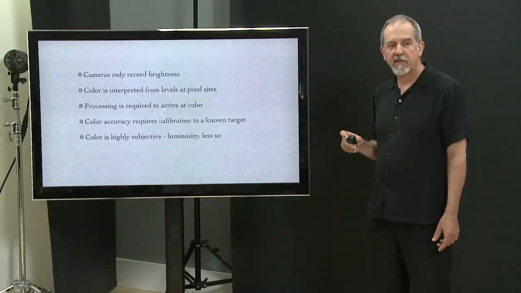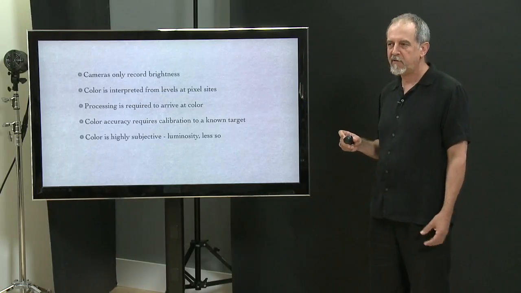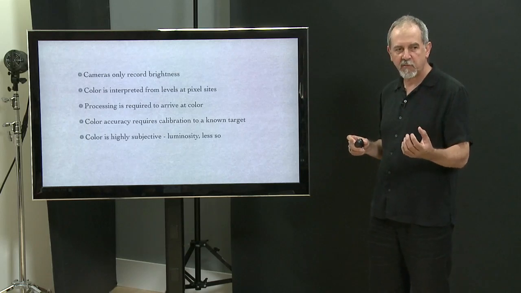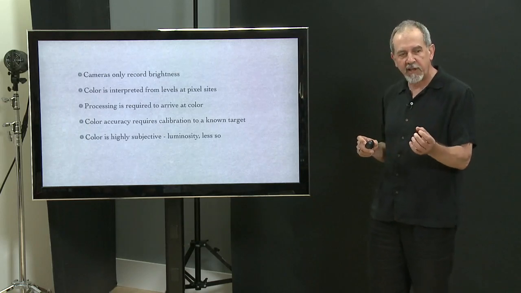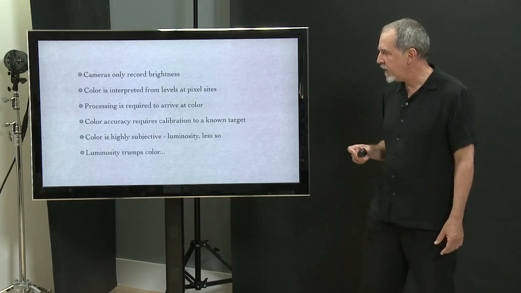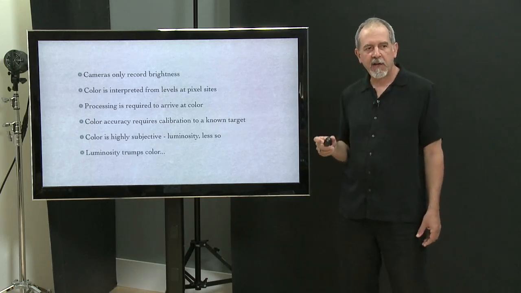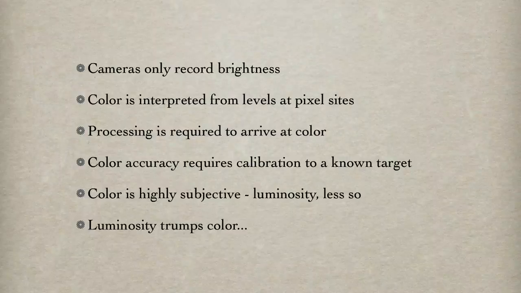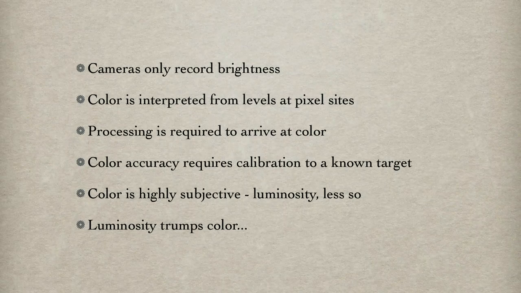Luminosity, however, is less subjective because our human visual system really responds more acutely to brightness. And because of that, luminosity, the quality of the lights and darks in your image, will trump color every time. So let me show what I mean by that.